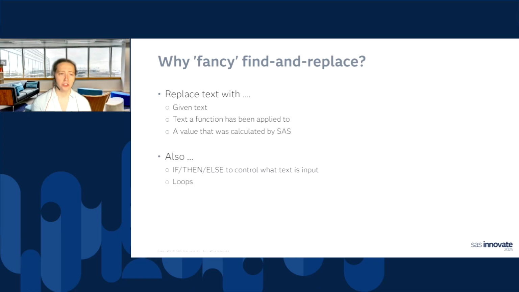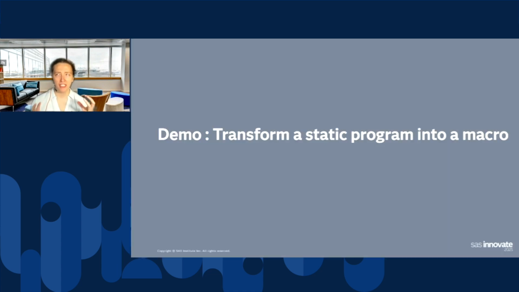You can also get into if then else to control what text is put in under different conditions, and we can add loops. So what is macro? It's essentially a way to get the computer to do find and replace, but fancier, on our programs before it compiles and executes them.